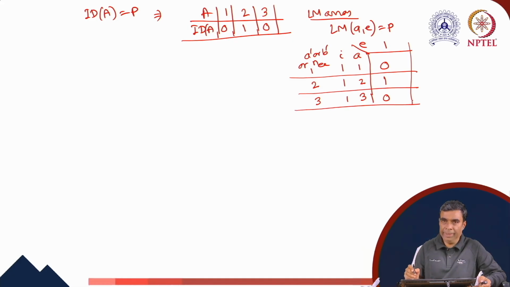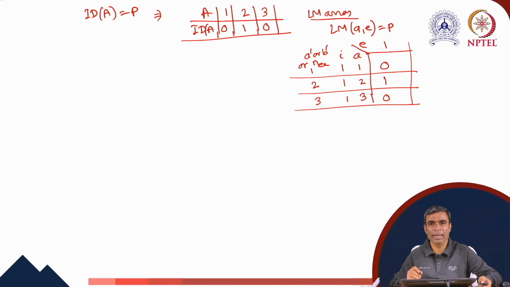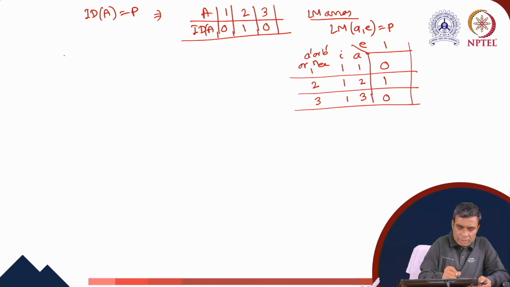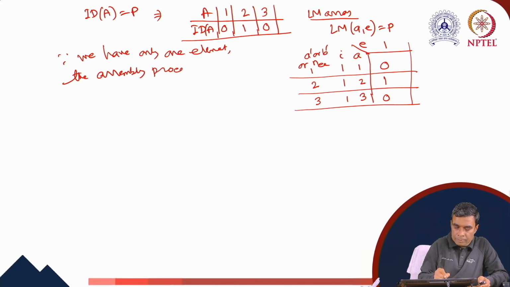So we have our LM array ready. Since this is only a single element problem, there is no assembly procedure for this case. So the element level equation represents the global equation. Since we have only one element, the assembly process is absent.